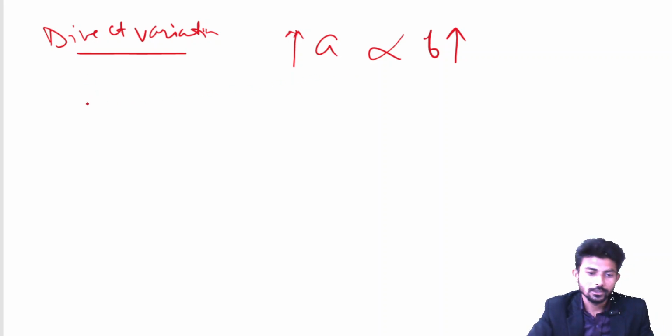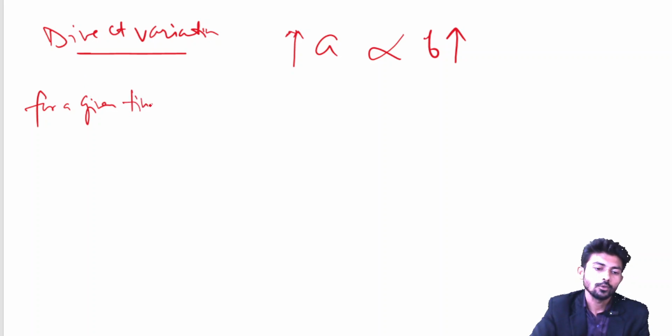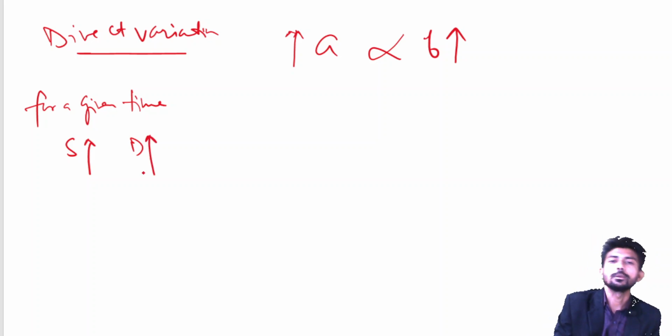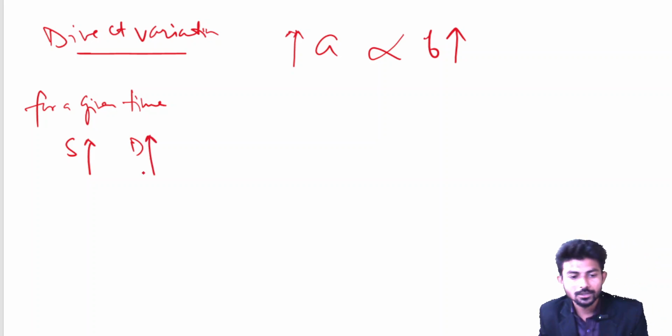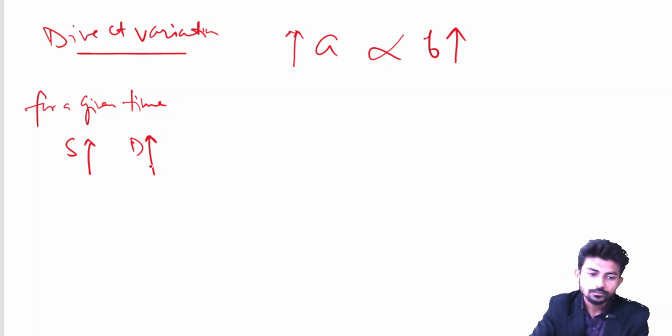So let's suppose for a given time, it means the time is constant. If your speed increases, then obviously more distance will be covered, because we are moving at a faster speed. So that is known as the directly proportional relation.